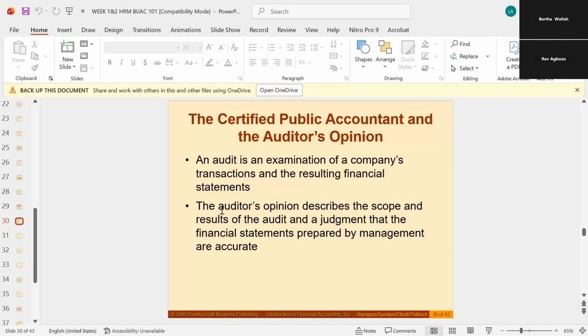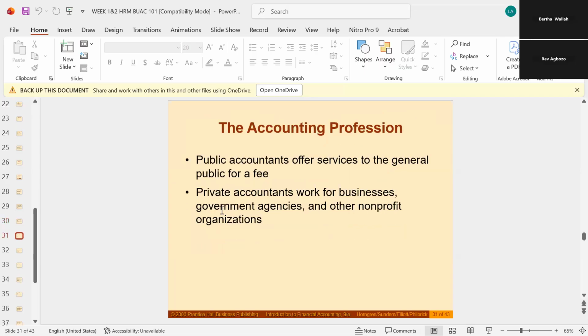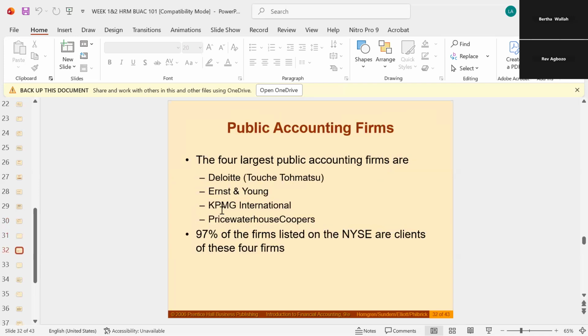So auditors are there to make sure that what management has presented as a report at the end of the year to the owners of the entity is credible, reliable, and true and fair. That is the work of an auditor. That is what they do.